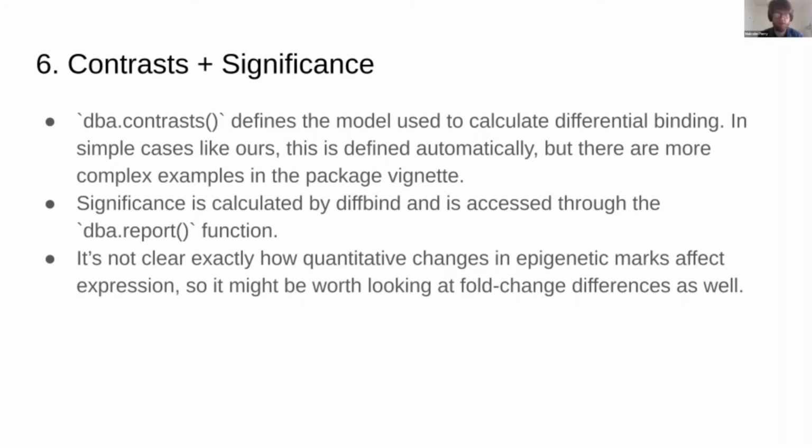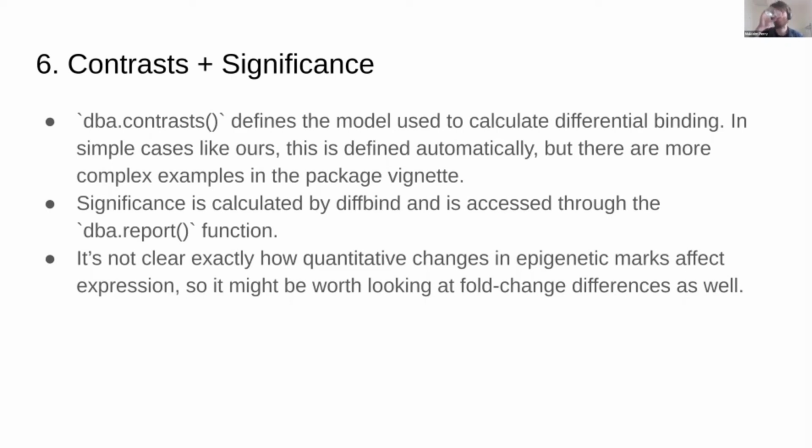But really, for you guys, that's handled automatically, and this is in the tutorial as well. But you can grab the significant peaks at the end using the DBA report function, which gives you a GRanges, which is a bit like a data frame of all of the significant peaks and all of the interesting things like the RPKM value and the fold change and the significance, the p-value rather.